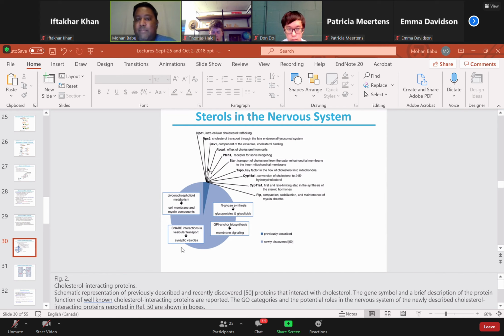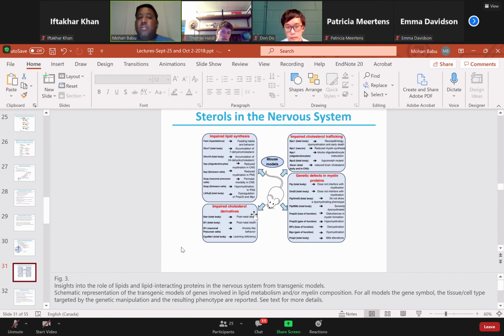Mutations in these genes can lead to various impairments in lipid synthesis, myelin synthesis, cholesterol trafficking, or cholesterol derivatives. Do you follow? There are a lot of disease types out there when you impair some of these genes.